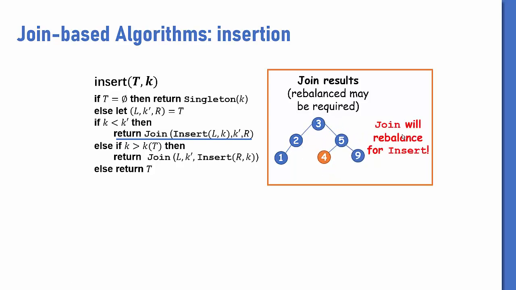So the insertion algorithm itself doesn't need to worry about any rebalancing issues and can even be oblivious to the balancing scheme of its own input. This algorithm can be used for any balancing scheme as long as a correct join algorithm is used. And also the cost is just order of log n, which is no more expensive than the traditional implementation.